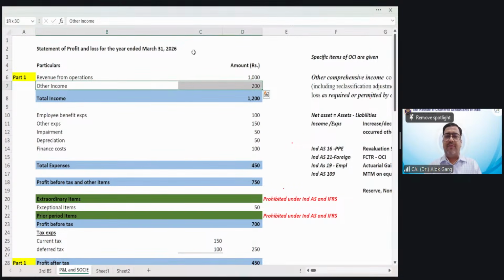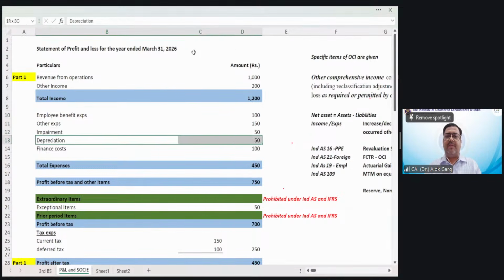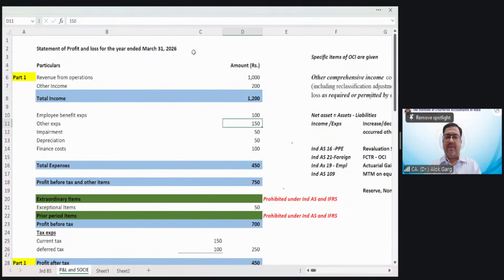Other income is ₹200. Total income is ₹1,200. There are employee benefit expenses, other expenses, impairment, depreciation, finance cost. So these are the expenses which are given. Then there is a total expenses, and then there is a profit before tax and other items.